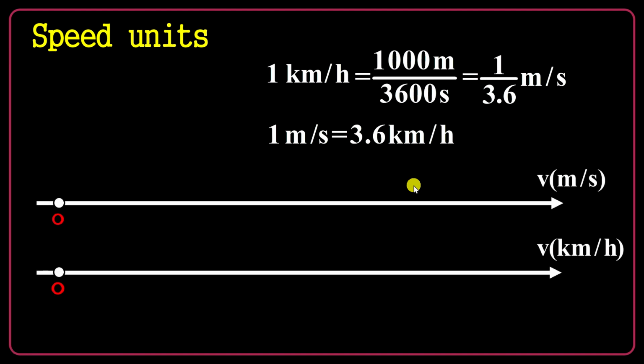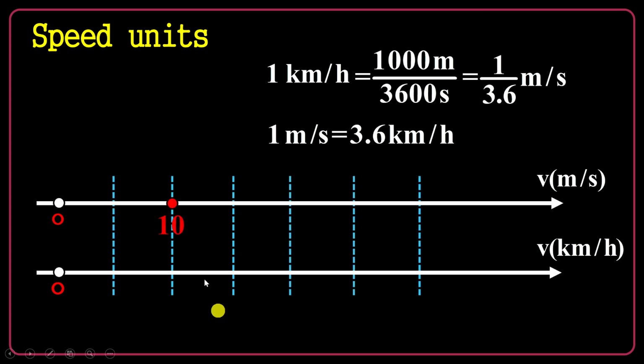So let's establish two parallel axes, one for meters per second and the other for the corresponding value of kilometers per hour. Here, let's take 10 meters per second and find how much 10 meters per second will be in kilometers per hour. Okay, I multiply the left side by 10 and the right side is multiplied by 10 again.